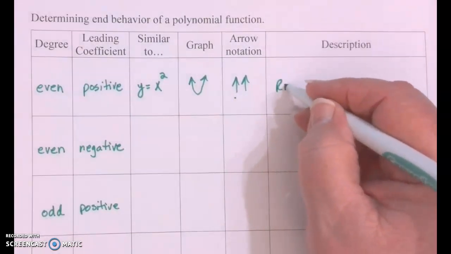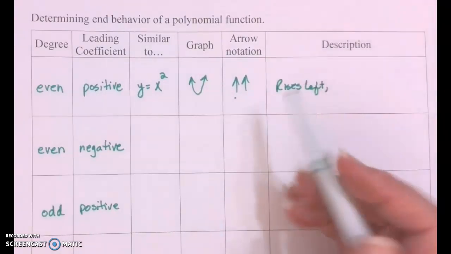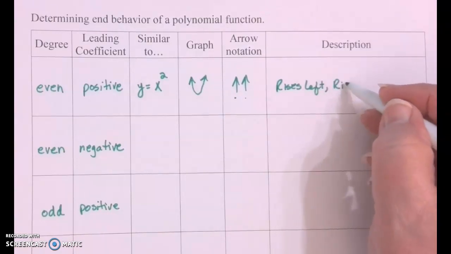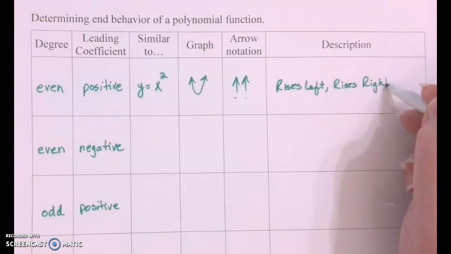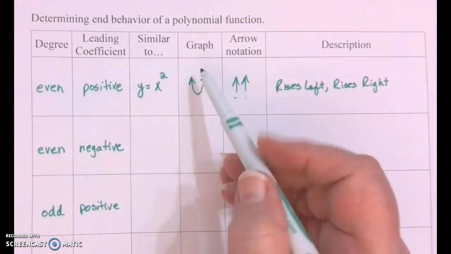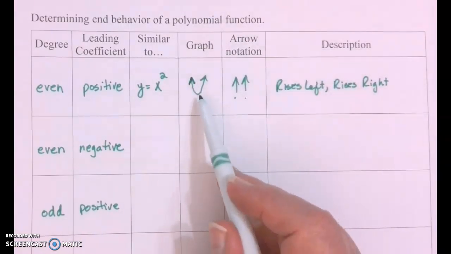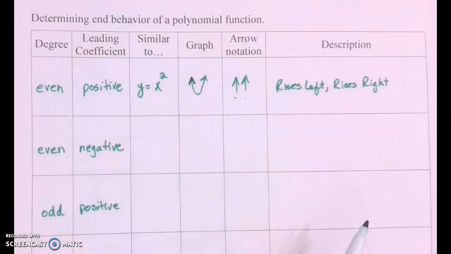So we say it rises left. And on the right side, it also rises. So it rises right. And as you look at the function itself, the left side rises and the right side rises. So that's how we describe it.